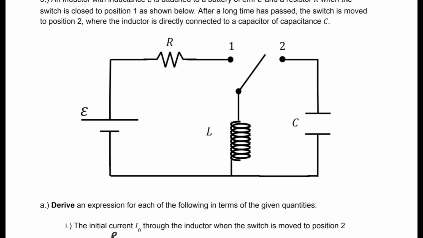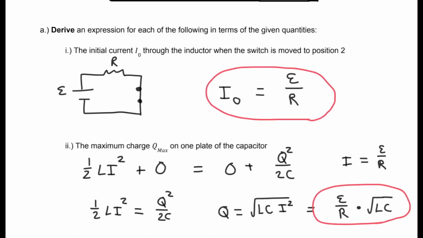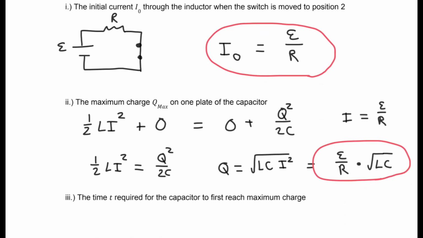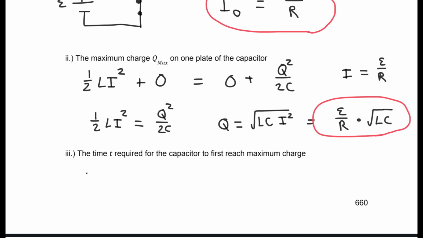Then the capacitor's fully charged the other way, so it discharges in the original current direction, and we're back to where we started. So this is all happening in quarter cycle intervals. All we're solving for is this time t required. It's just a quarter cycle. Everything in this oscillation typically happens in these quarter cycle intervals, when you get all or nothing for your energy. And we've derived this multiple times already.